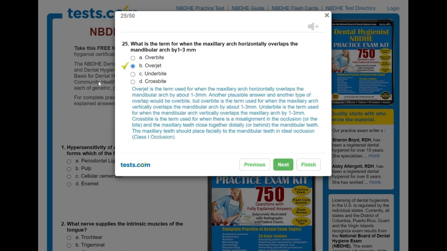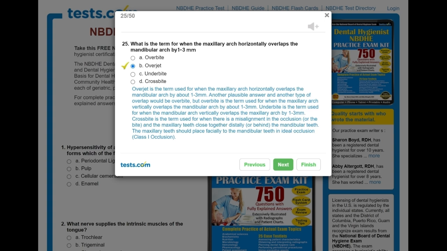B. Overjet. Overjet is the term used for when the maxillary arch horizontally overlaps the mandibular arch by about 3 millimeters. Another plausible answer and another type of overlap would be overbite, but overbite is the term used for when the maxillary arch vertically overlaps the mandibular arch by about 1 to 3 millimeters.